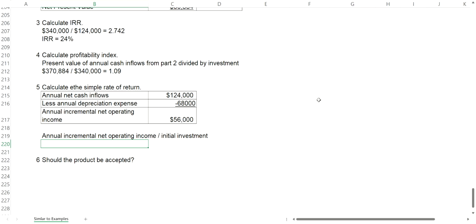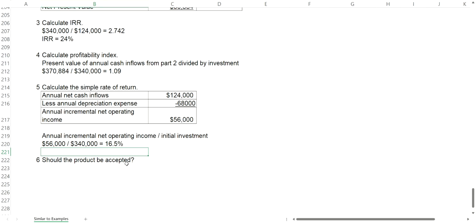Now, to get the simple rate of return, I would take the $56,000 that I just calculated and divide it by the investment of $340,000, and that gives me 16.5%. Okay, and I'll make the spelling correction right there. I had an extra E. So that is lower than the 22% required return.